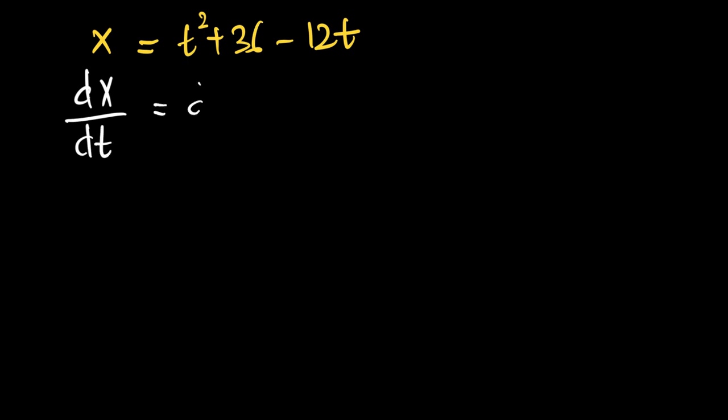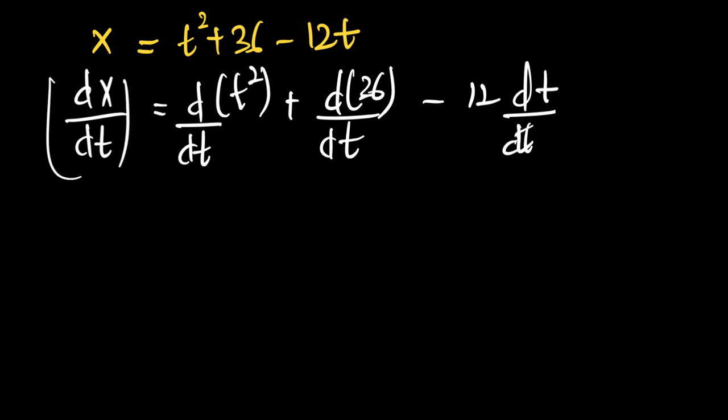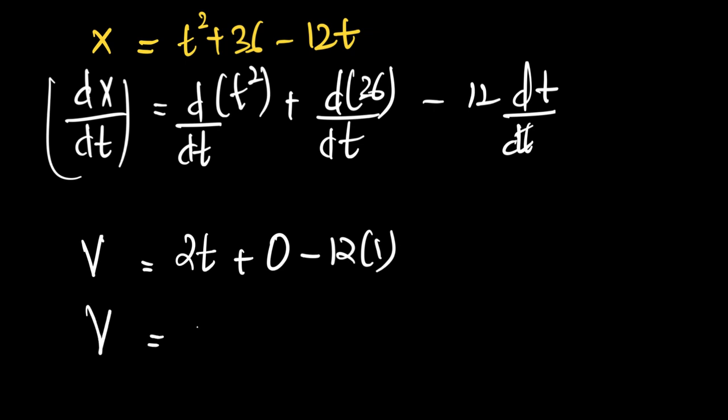Dx by dt will be equal to d by dt of t square plus d by dt of 36 minus 12 into d by dt of t. What is dx by dt? Dx by dt is velocity, that is v. Derivative of t square is 2t, plus derivative of 36 is 0, minus 12 into 1, which means velocity is equal to 2t minus 12.